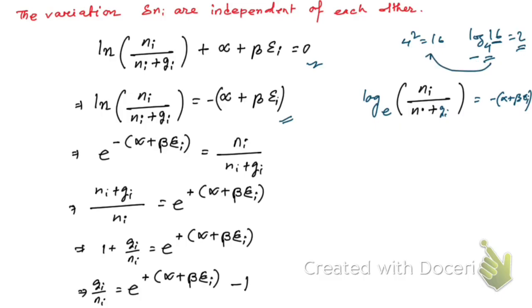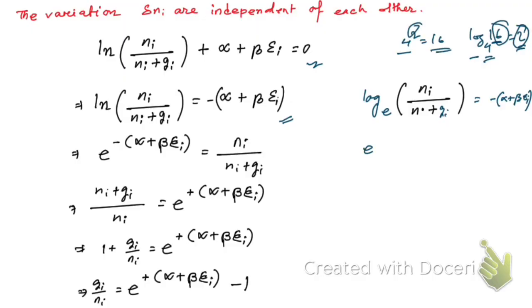If you write this one in this form, then you're going to have e to the power this, like here you can see that 4 to the power 2 is equal to 16.